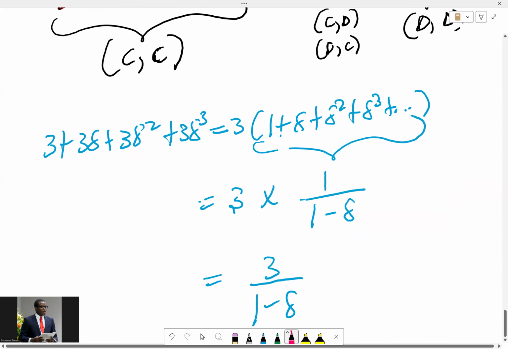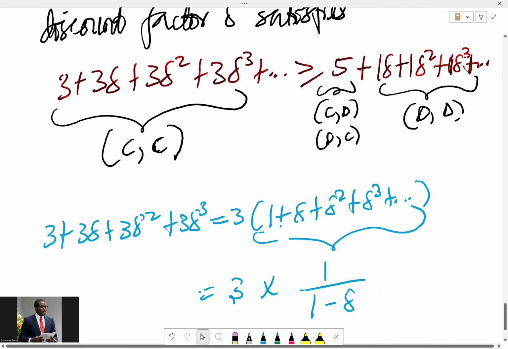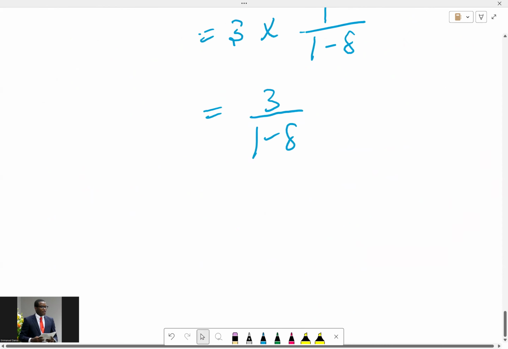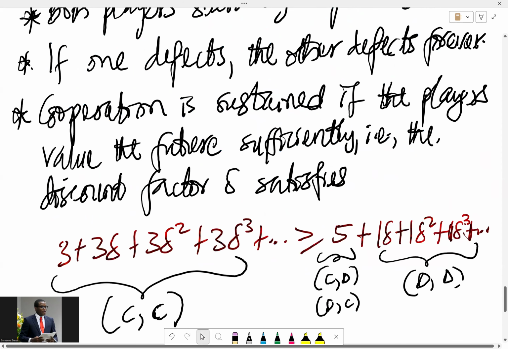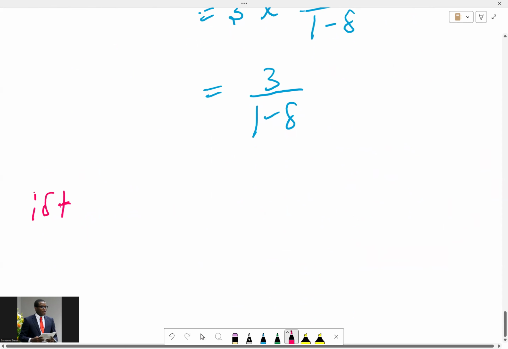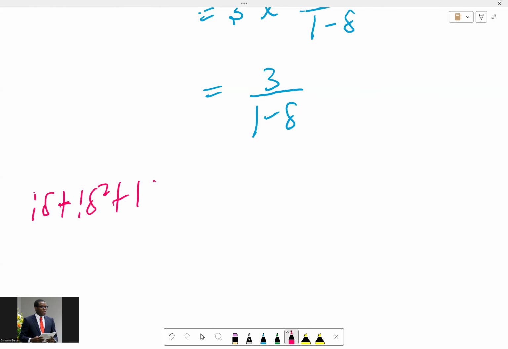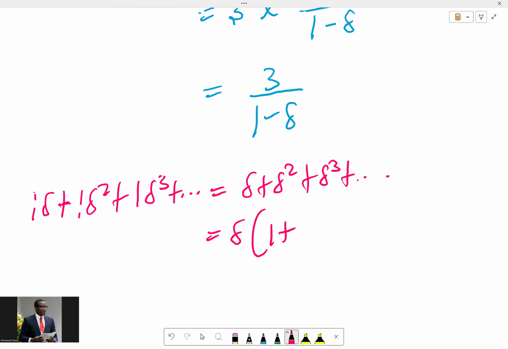Then on the other side, this 5 is on its own. Then you have 1 delta plus 1 delta squared plus 1 delta cube plus all that. That is delta plus delta squared plus delta cube and so on, and you can factorize delta. So you have delta into 1 plus delta plus delta squared plus all the rest.